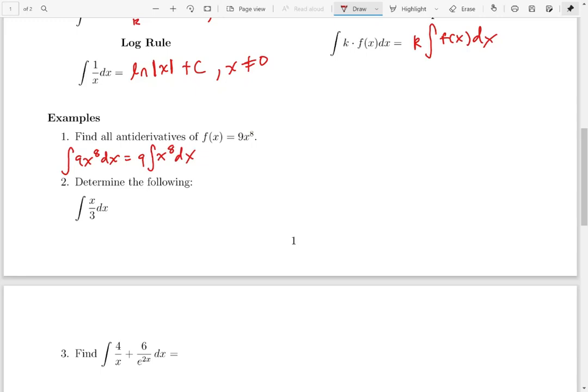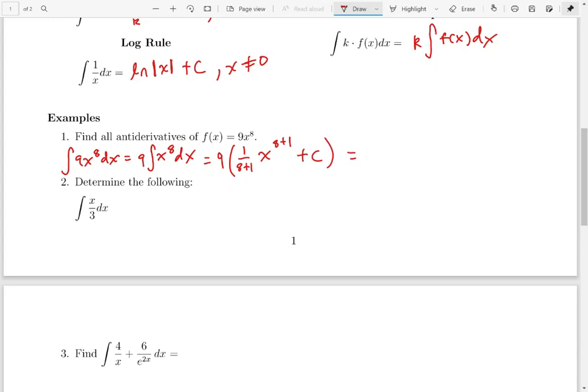Then we can just use our general power rule, and so that's going to be 9 times 1 over 8 plus 1, times x to the 8 plus 1, all plus some constant c.